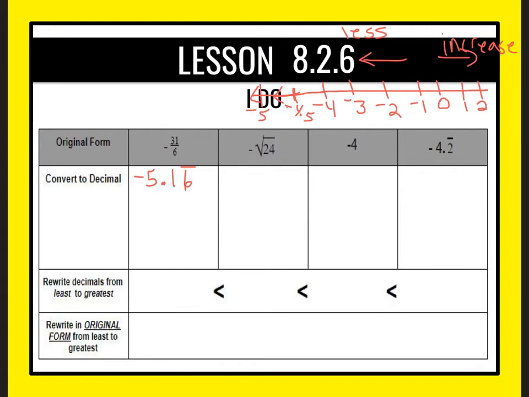The negative square root of 24. Here is another irrational value. -4.0. Notice I'm just writing in decimal value. And -4.2 repeating. Okay? That 2 repeats.